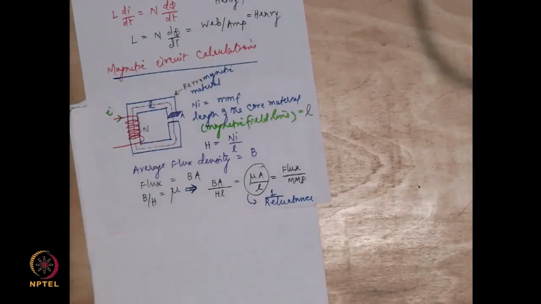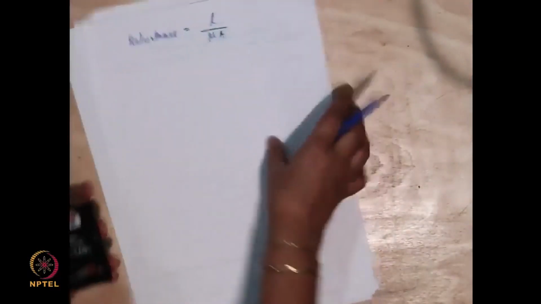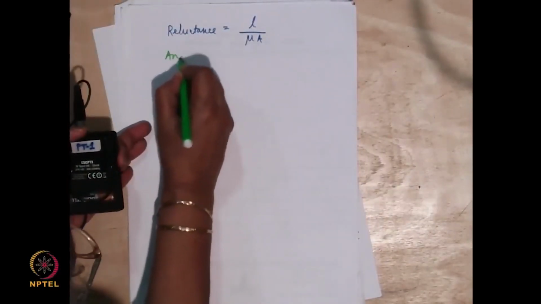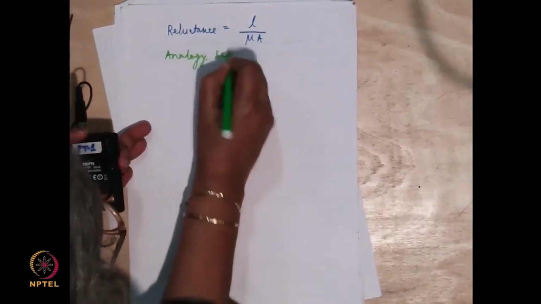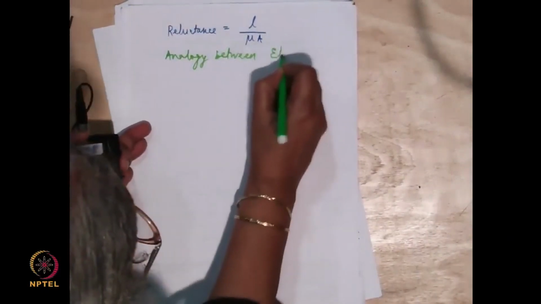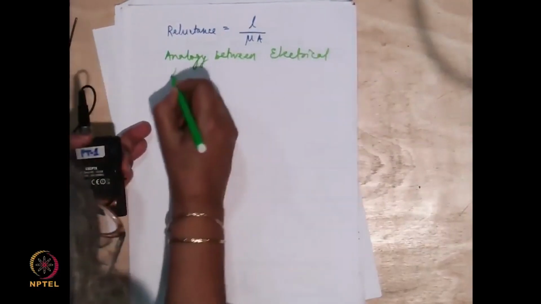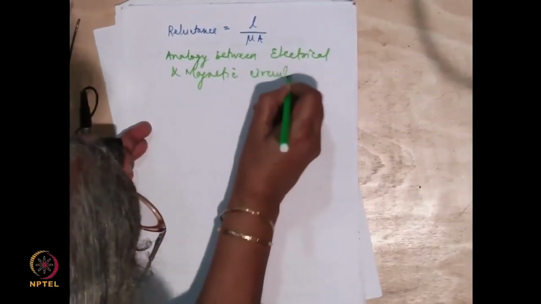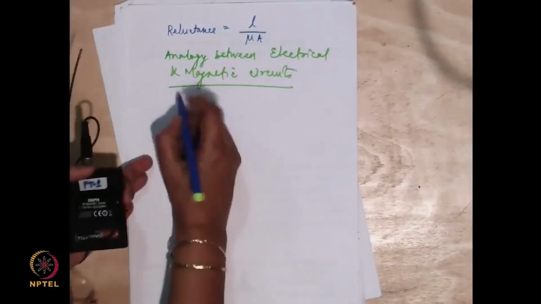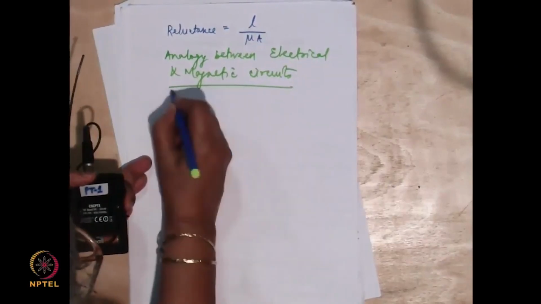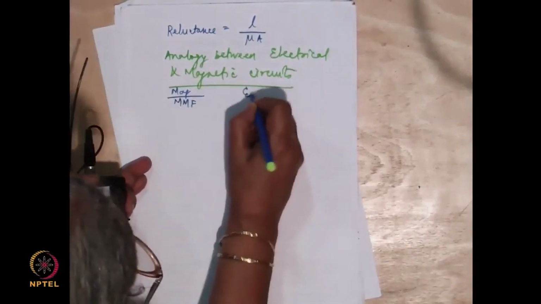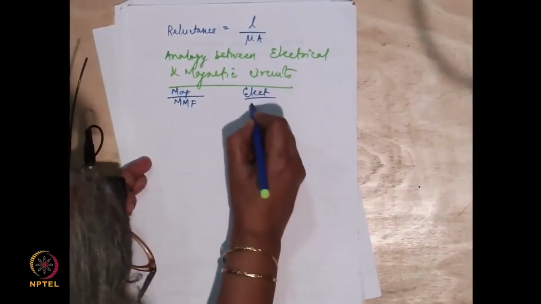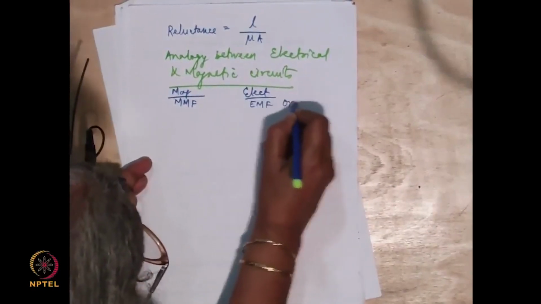Right? Okay? We will continue with the magnetic circuit further, but we are essentially having the analogy between electric and magnetic circuits as follows. If I have MMF in the magnetic circuit, in the electric circuit I have EMF or voltage.